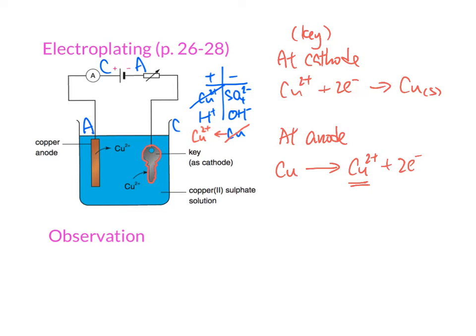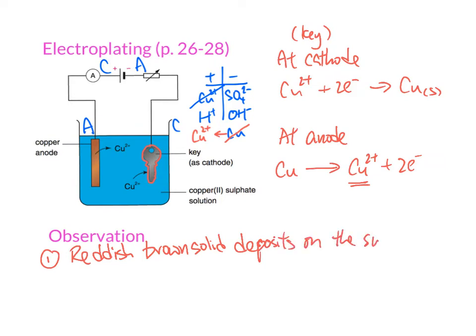So this Cu2+ keeps the concentration of copper(II) ions the same. So the observations that we can see: one of them is reddish brown solid deposits on the surface of the key. Obviously this one is very important.